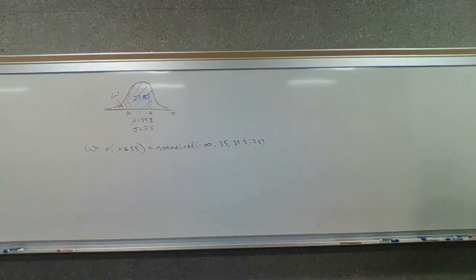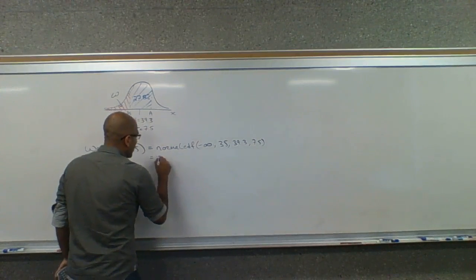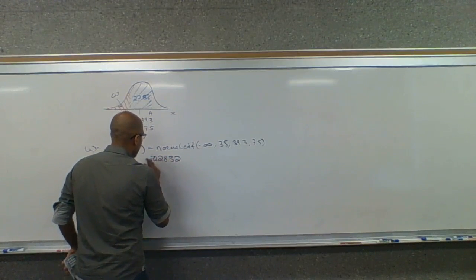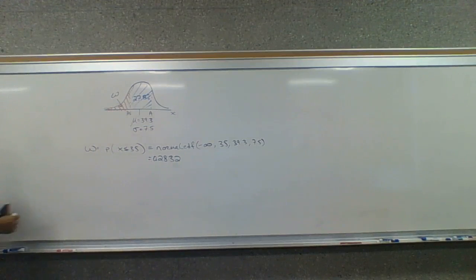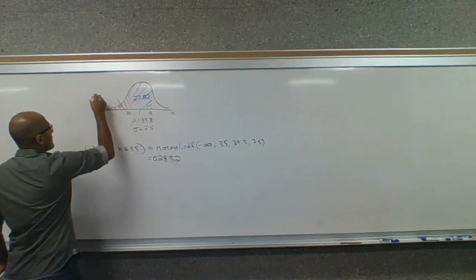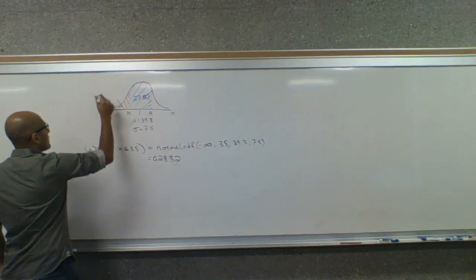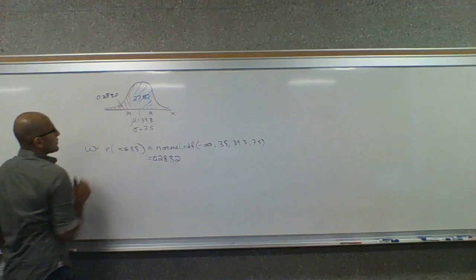I'm getting like 0.2832. This area is 0.2832. Okay. Now this guy up here is 0.278. So now I add those two together.